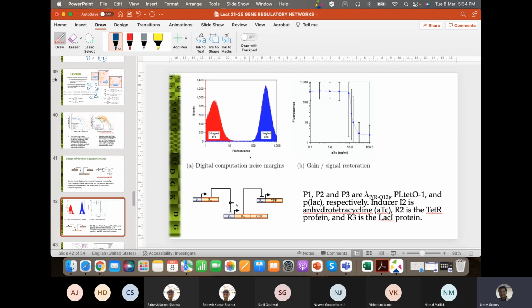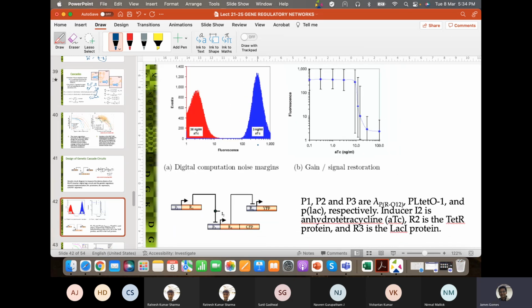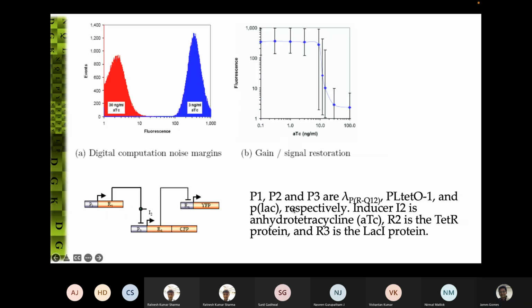You can see that this kind of circuitry gives you a response of this kind. When you have a certain amount of ATC, it gives you a red fluorescence, and then the next circuit comes up. You can see the events that are taking place here. One kind of signal is here and the other kind of signal is there.